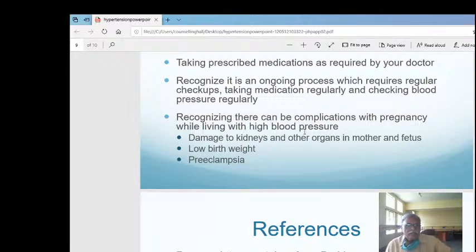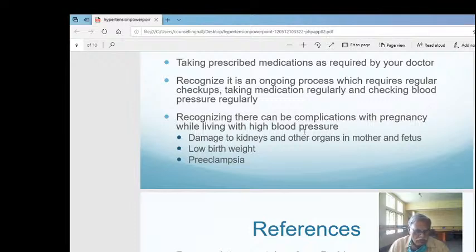So then the treatment aspect that you know. The first thing is, when you detect the blood pressure for the very first time, you ask the patient to change the lifestyle.